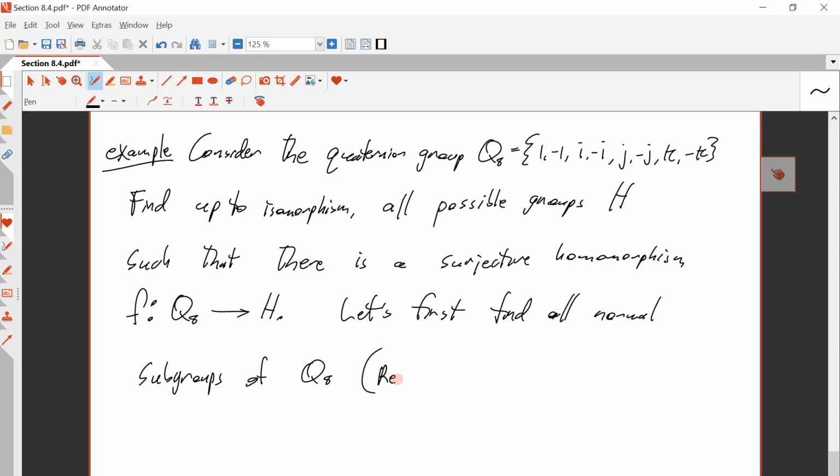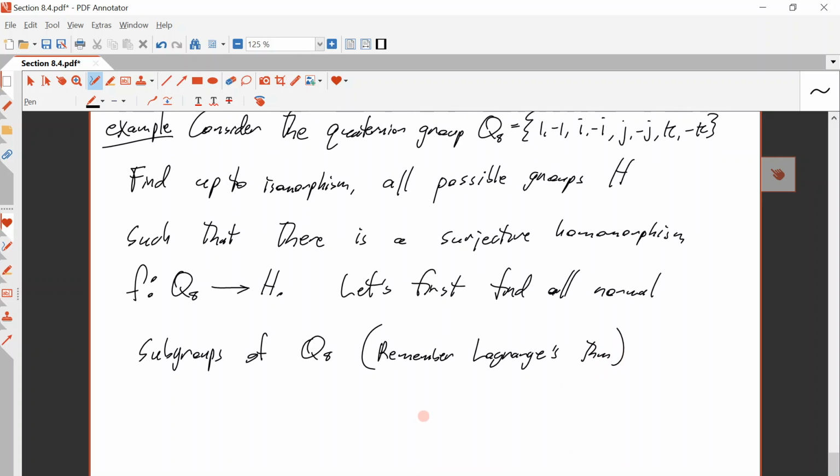Okay, remember Lagrange's theorem, that every subgroup's order divides the order of the group. So this group has order 8, so we're talking about subgroups of order 8, 4, 2, and 1.